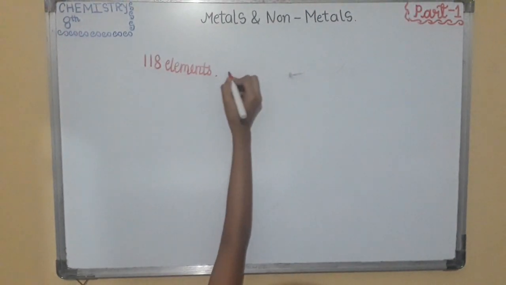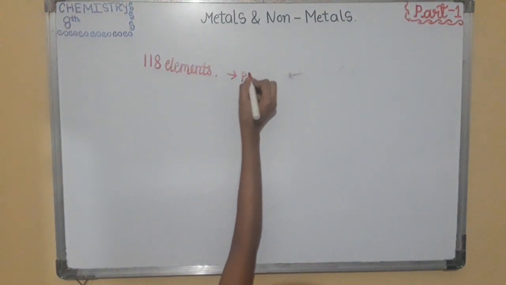On the basis of their general characteristics, they are broadly divided into two major groups. First is metals and second is non-metals.